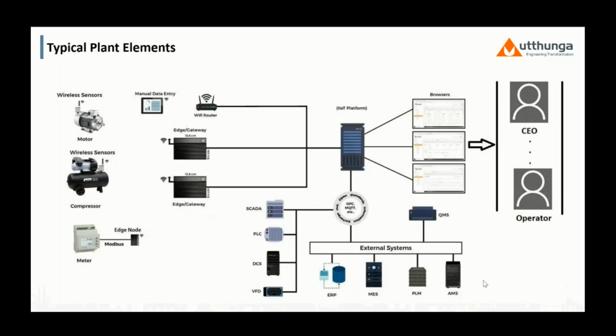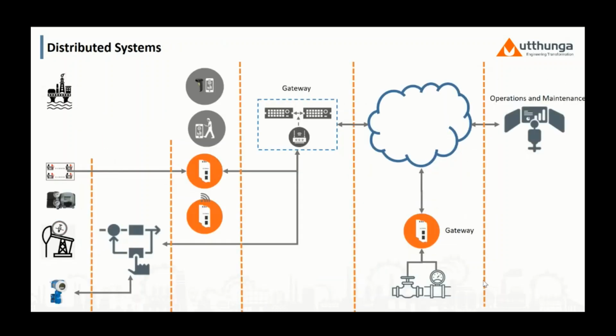Now, the other kind of system that we look at is a distributed system. A typical example would be an oil and gas company where the wells are geographically distributed, and the produce of the well has to be taken in pipelines, and they will travel for kilometers before they actually reach their storage area.